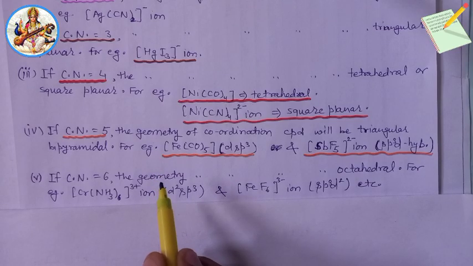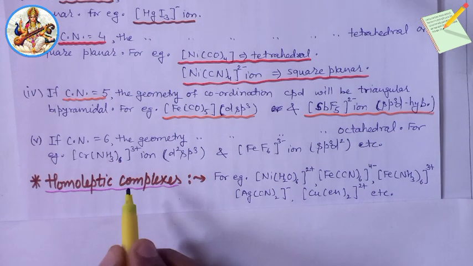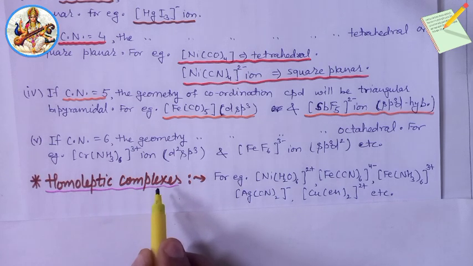Welcome again. Now we will read about homoleptic and heteroleptic compounds. The complexes in which the central metal is attached to only one type of donor site are called homoleptic complexes.